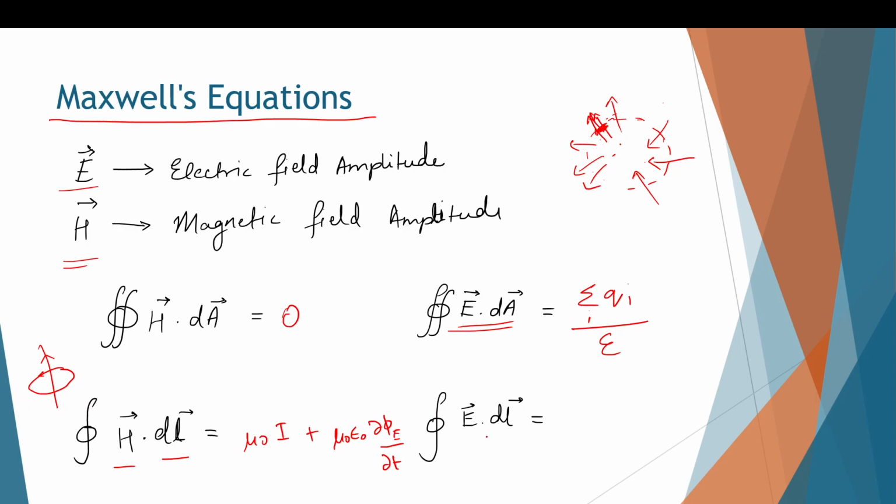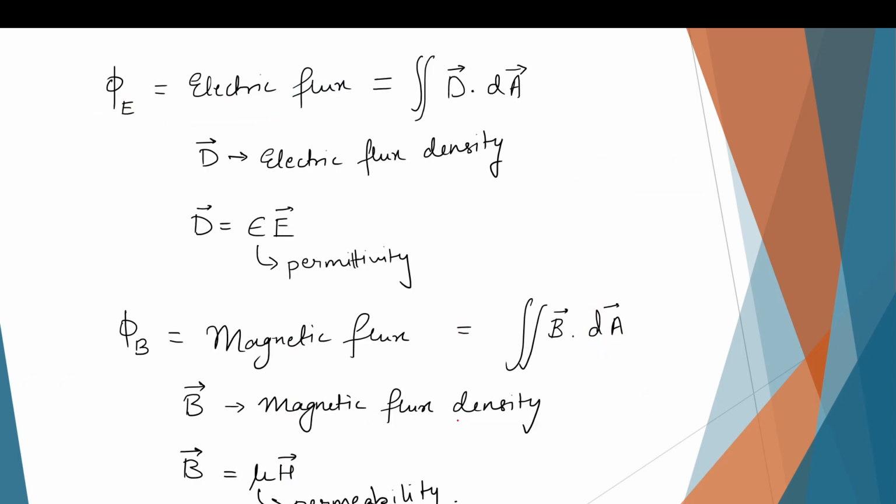Similarly, we have a similar formula for E dot dl. Basically, a change in electric field will produce a magnetic field, and a change in magnetic field will produce an electric field.